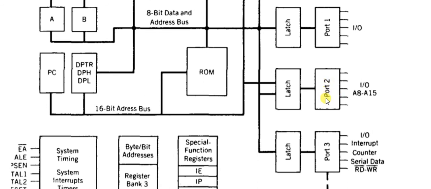As we can see, port 2 has the higher order address bus and IO lines. That means these 8 pins can work as IO lines, as well as, when we need it, as the A8 to A15 higher order address bus, because we need a 16-bit address bus and an 8-bit data bus.